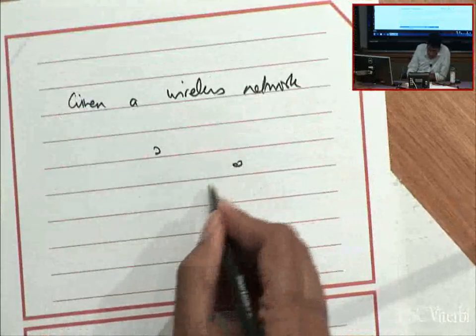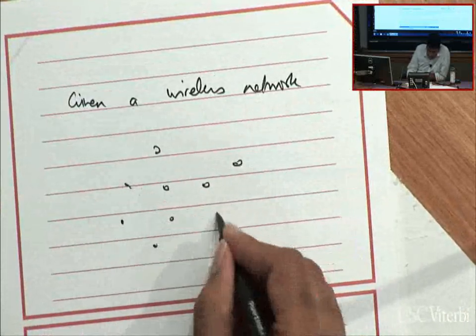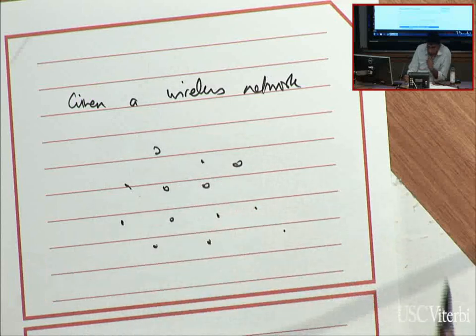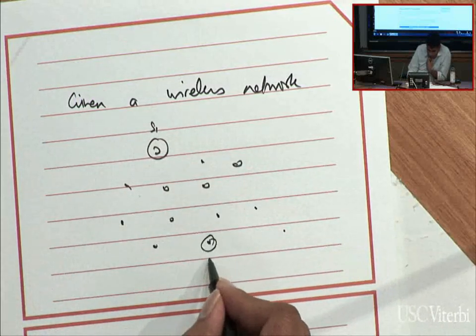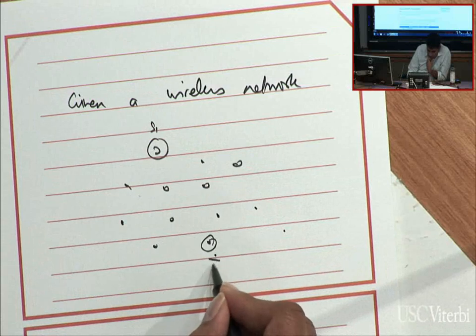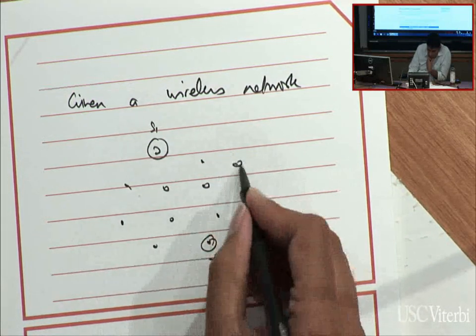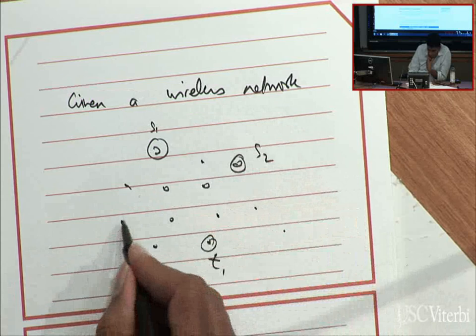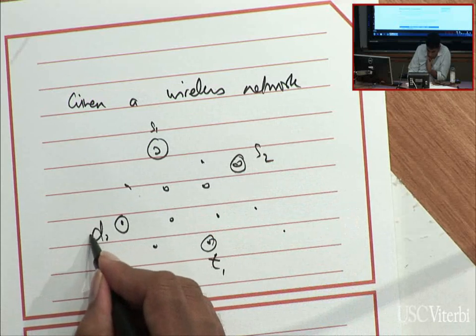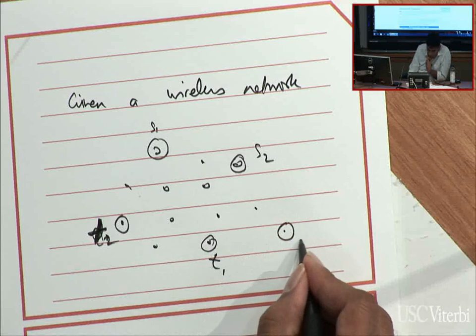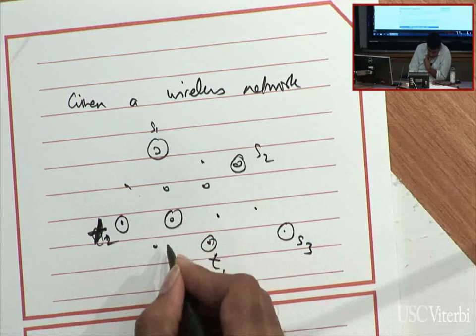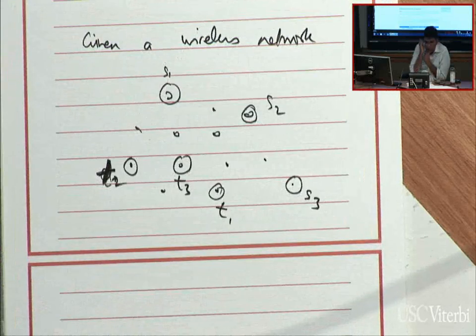So you have a set of nodes, and you have a set of maybe sources and destinations. Just call them S1 and T1. Maybe this is a source 2 that wants to get its data to some other destination. Maybe there's a source here. It's trying to get its data to T3.